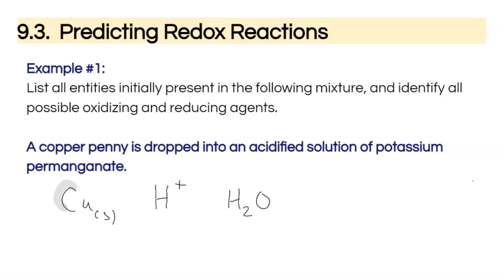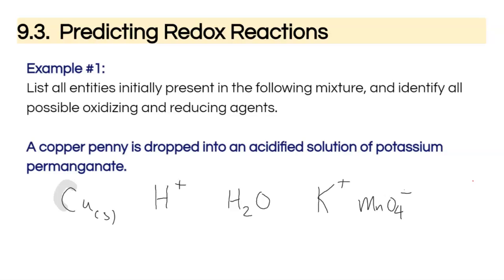And then the last bit is this potassium permanganate. Potassium permanganate is an ionic compound, and so I need to list each ion separately. I'm going to list potassium, K+, and then that permanganate, MnO4. The right-hand side of my screen is being a little finicky, so I'm just going to erase this and write that MnO4 a little bit more snugly here.